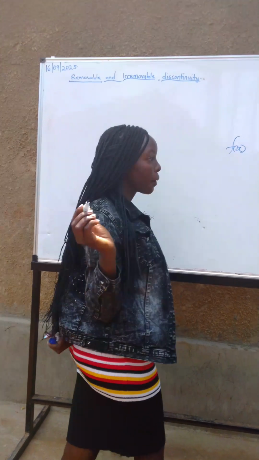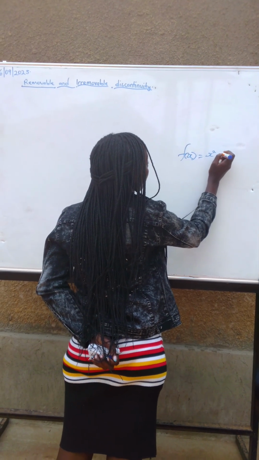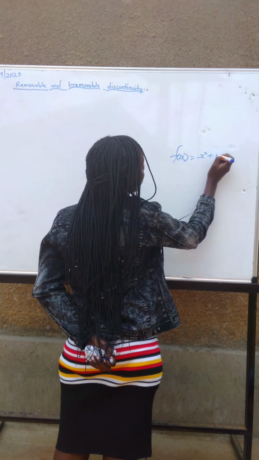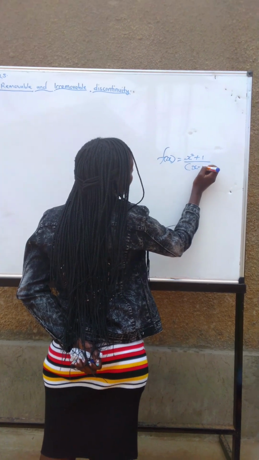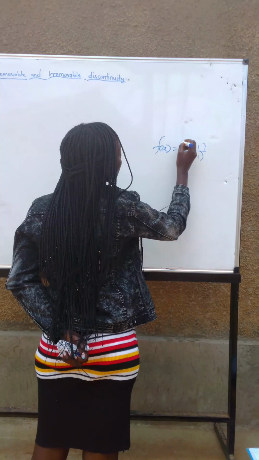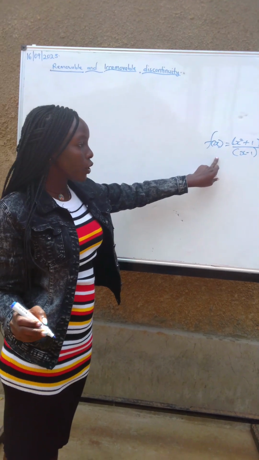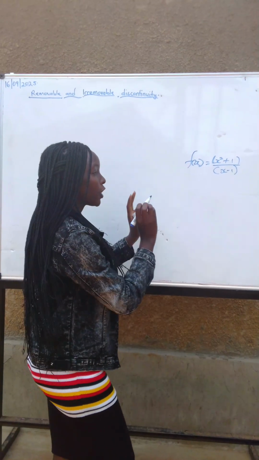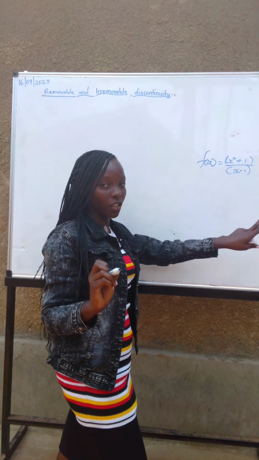If you have, for example, a function f of x equal to x squared plus 1 over x squared minus 1, for this function to be undefined, we know that for a fraction to be undefined, the denominator must be equal to 0.